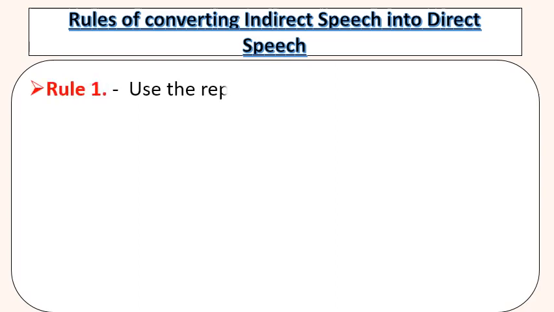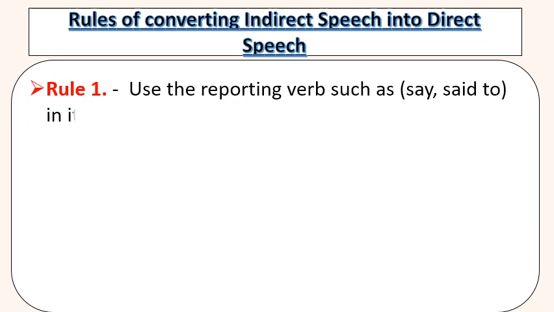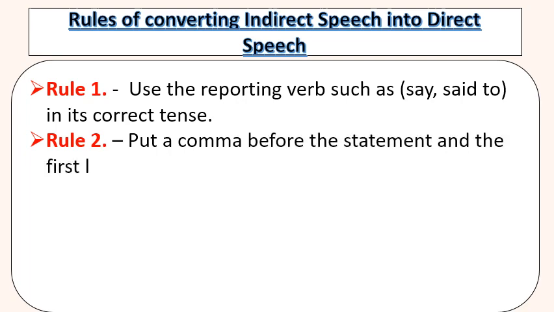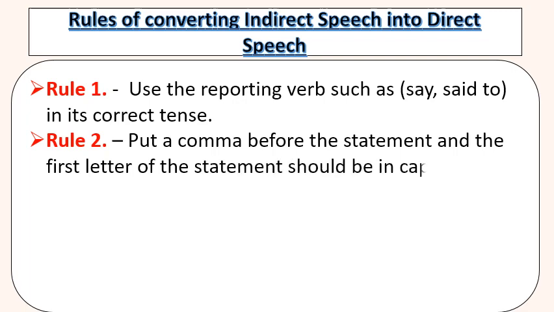Rule number 1, use the reporting verb such as say, said to in its correct tense. Rule number 2, put a comma before the statement and the first letter of the statement in reported speech should be in capital letter.